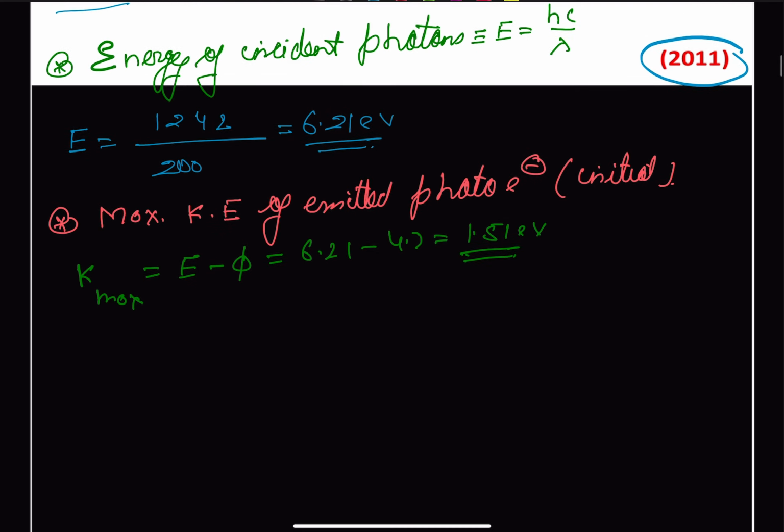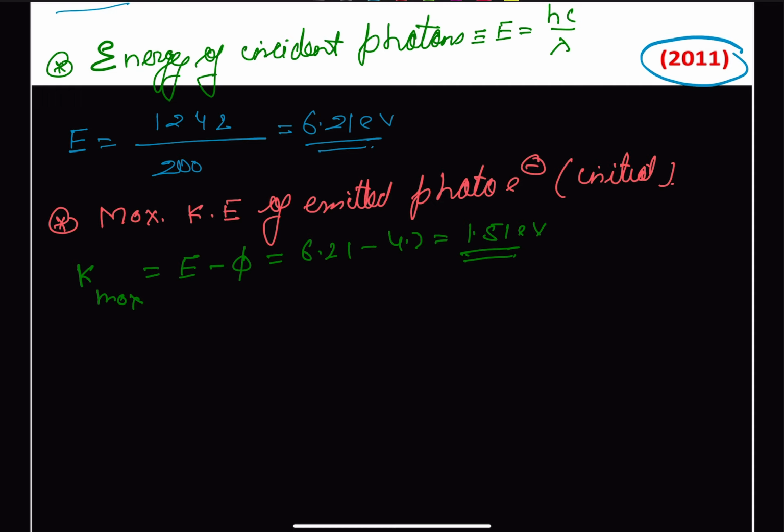Now as the light will be more and more incident, the electrons, photoelectrons, will be leaving the sphere, giving the sphere the negative charge.